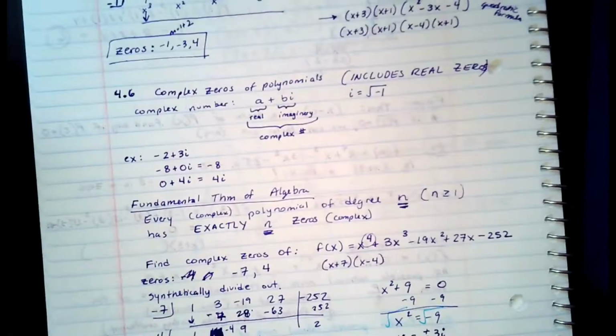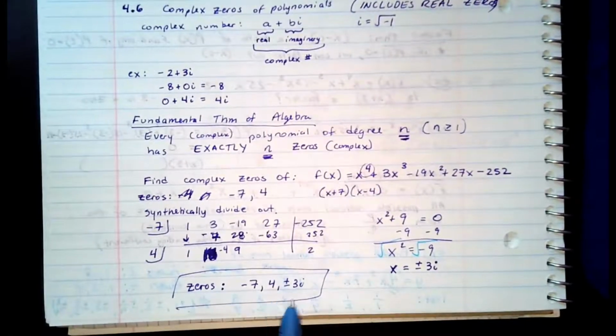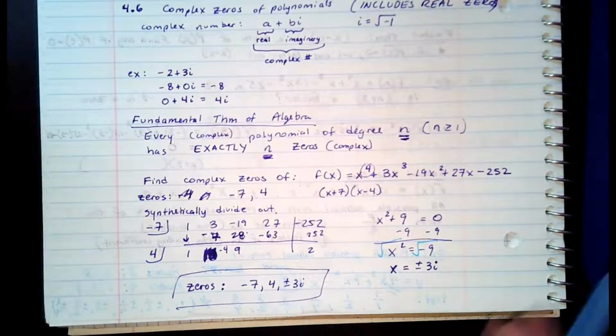If you look back at the two examples that we did for finding complex zeros, you'll notice something about these complex numbers with the imaginary parts in them.